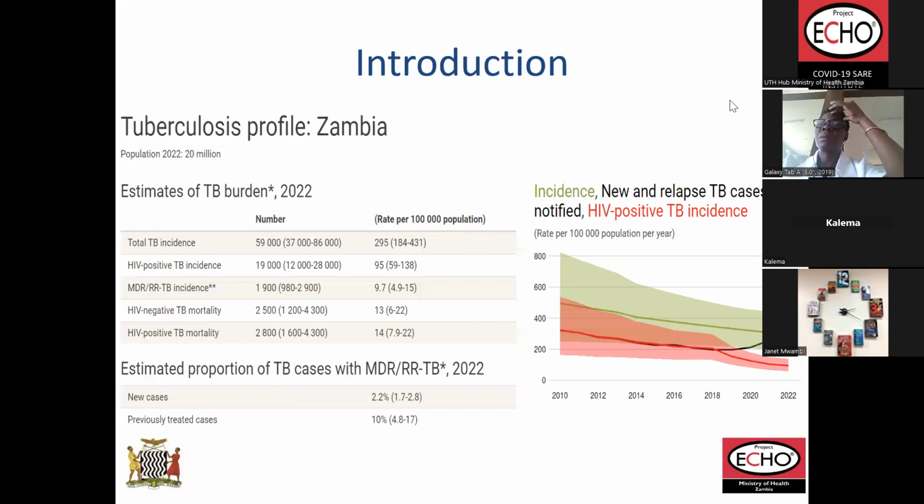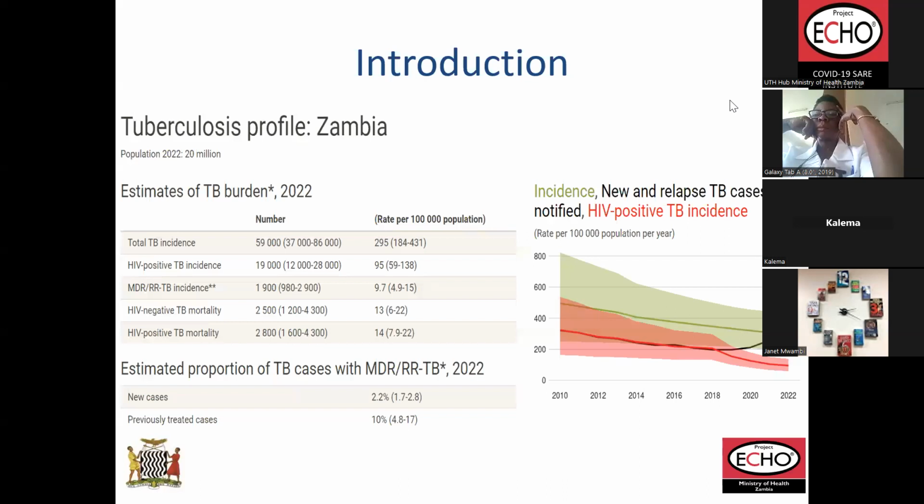So the report that we are looking at as the latest is for the year 2022. When we look at the profile for Zambia, our burden was estimated to be 59,000, and of that, we were only able to identify about 54,848, which translated to an incidence of 295 per 100,000 population.